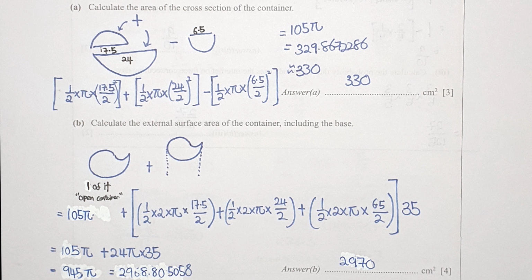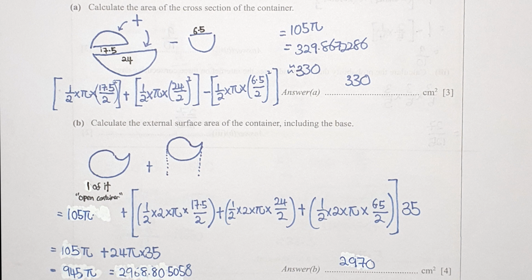Question 6, slightly tricky. I listed down, over at section A, what I did to calculate the answer. I split it into 2 semicircles and I minus off the small part that was removed. Half times pi times r squared will be used here.